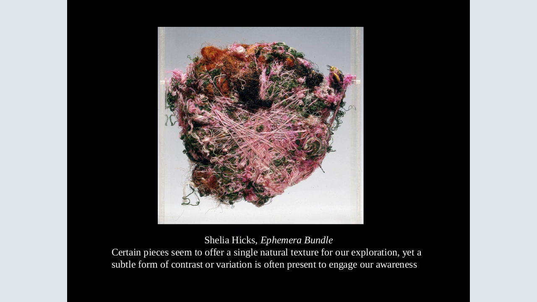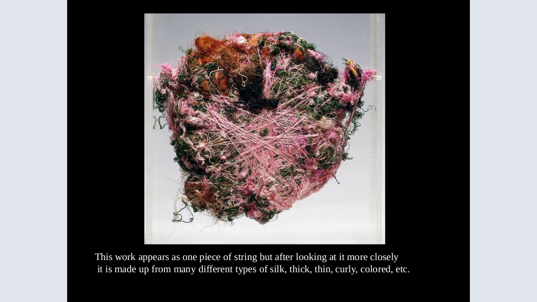Looks very simple, but it's not. It's complicated. It's got a lot of different textures, a lot of different materials being used. This work appears as one piece of string, but after looking at it more closely, it's made up of many different types. Silk, all right, there's things that are thick and thin and curly and colored, etc.